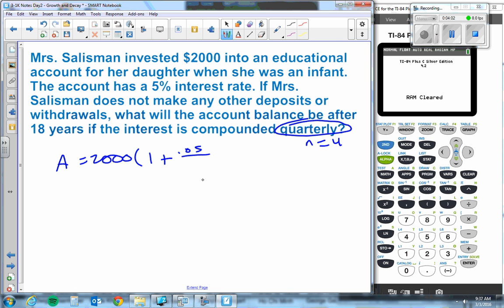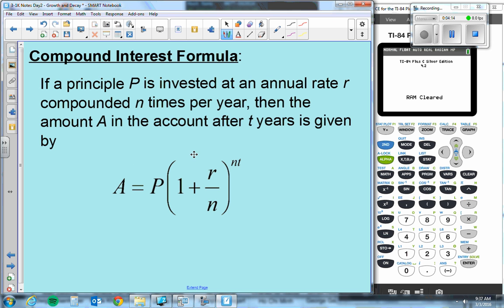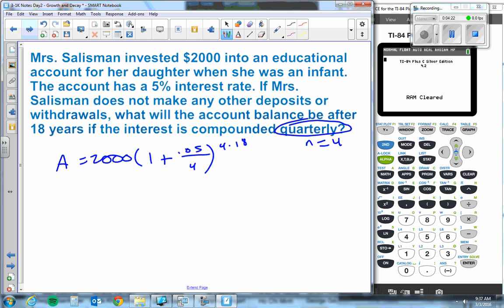Okay. N is 4. That's your denominator. And then 4 times t is your exponent. Something I want to mention is that people get n and t confused. And then also, they'll put t here when it's n that appears twice.